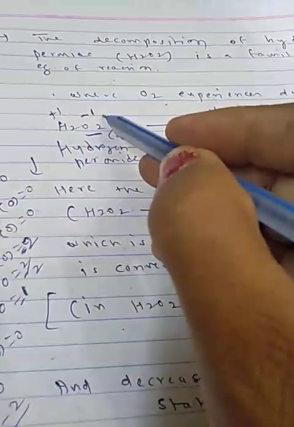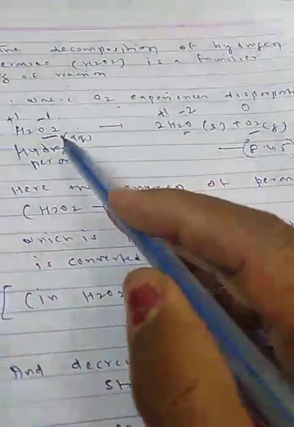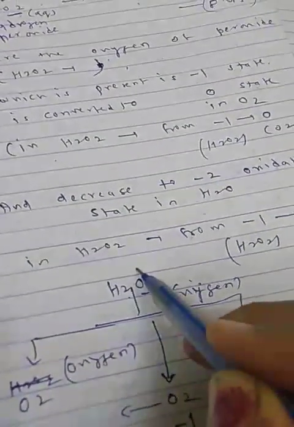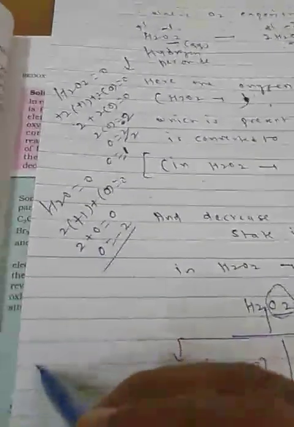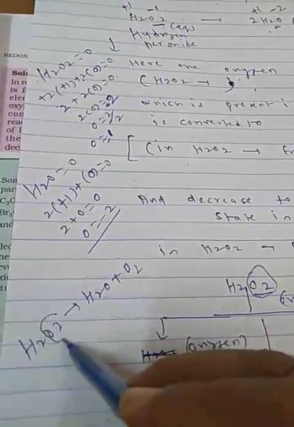So decrease and increase. See here, this oxygen increases, and from this to this decreases. I am showing you with the help of a chart. See H2O2, here we are talking about oxygen. Oxygen is going to convert into H2O and oxygen. This reaction again I am repeating, not balancing, I am just showing.